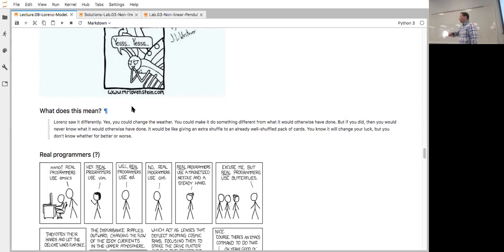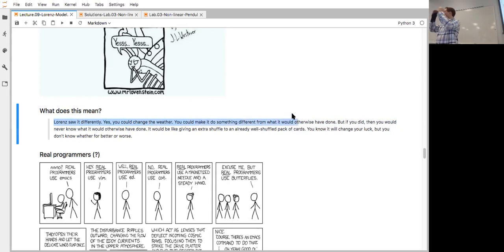No, real programmers use cat. Cat is a Unix line command tool. No, real programmers use ed. I got to do the joke. Ed is based on the idea back in the day when you had limited screen real estate, and your screen could only show you 1 line. So ed was a line editor. Imagine not being able to see your entire program, but the only thing you could see was a single line at a time.